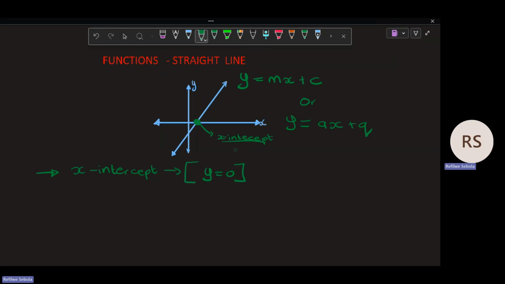That is to say, we have a particular x and 0. So this is what we call our x-intercept.